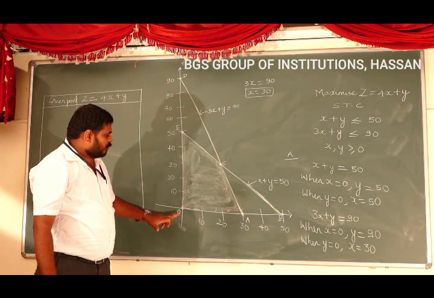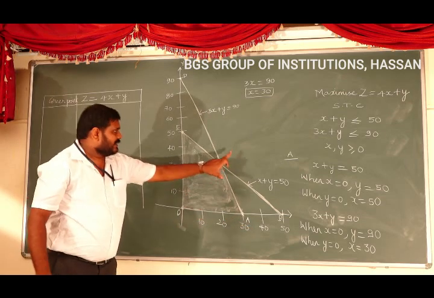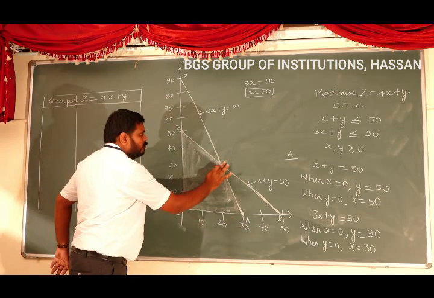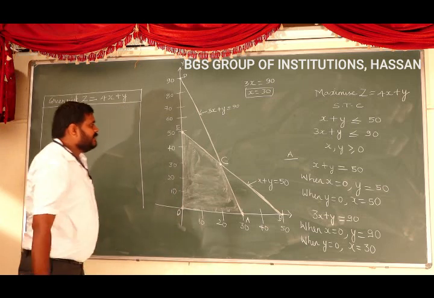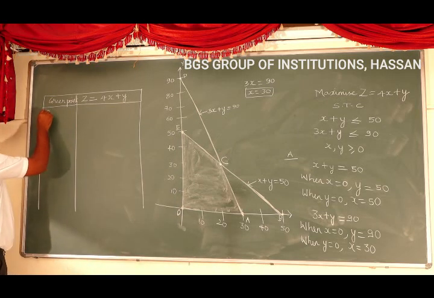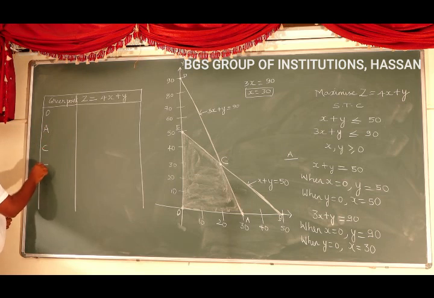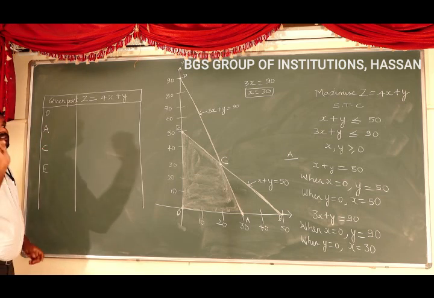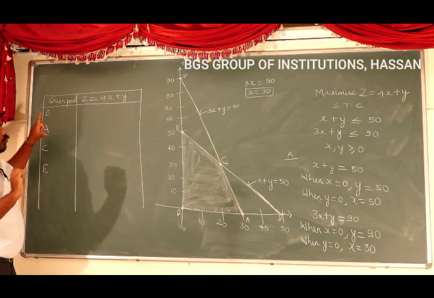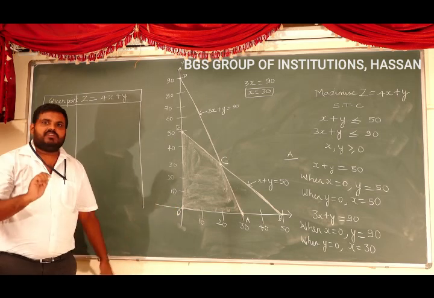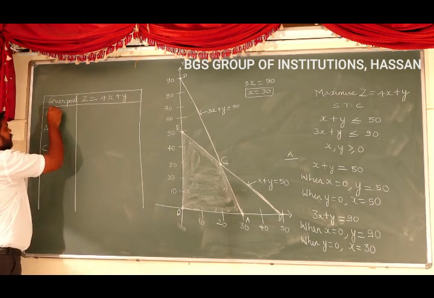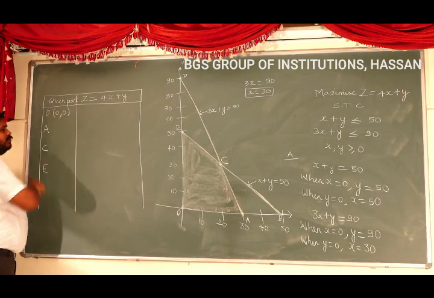Now, what are all the corner points? O, A, C and E. Now let me write that. O, A, C, E. These are the 4 corner points I have got. Now, O means origin. We know that the coordinates of the origin are nothing but 0, 0.